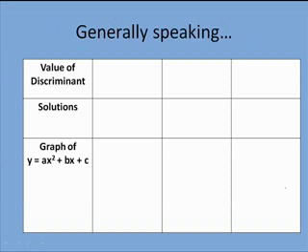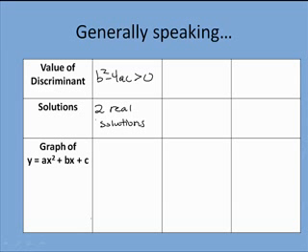So, to put that all in an easy to read table for you, if our discriminant is greater than 0, we know we have 2 real solutions.